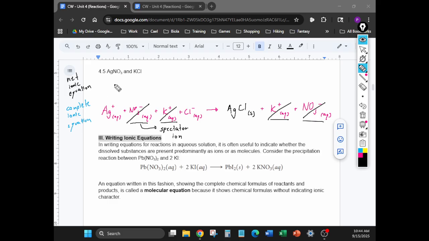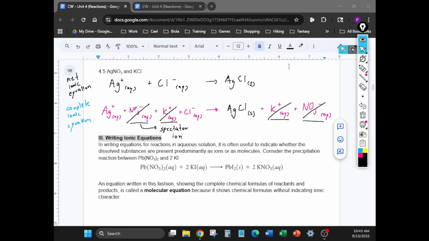What we write down are the ions that actually make the precipitate. So Ag plus, Cl minus, and they produce AgCl precipitate. Okay. So that's how you can write the three different types of equations that have to do with these precipitates.